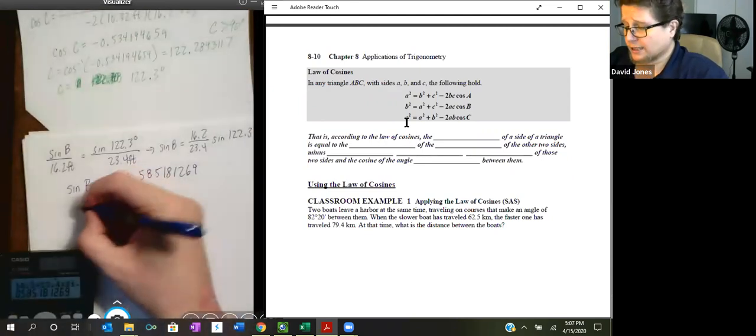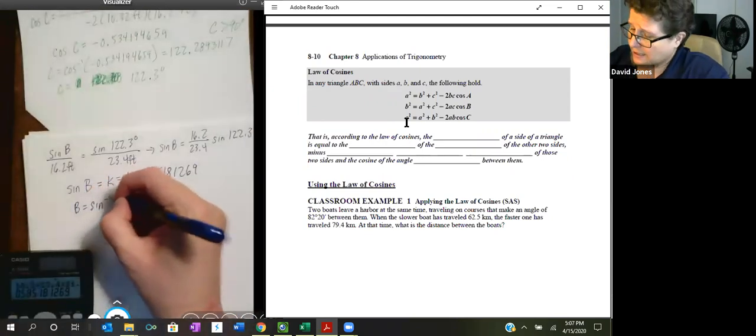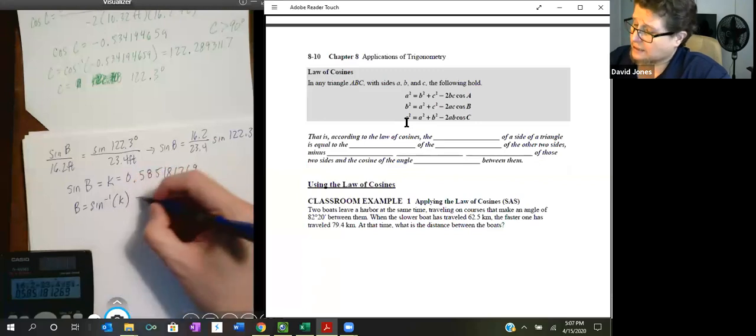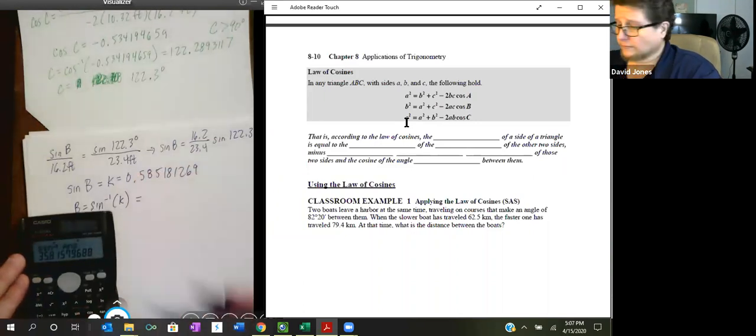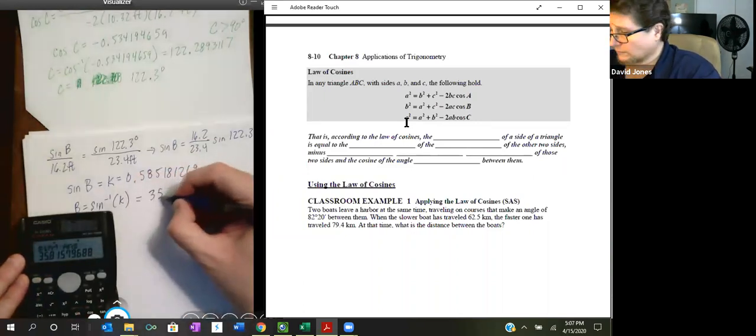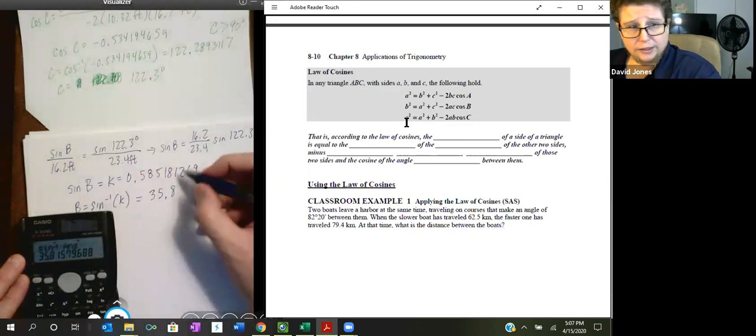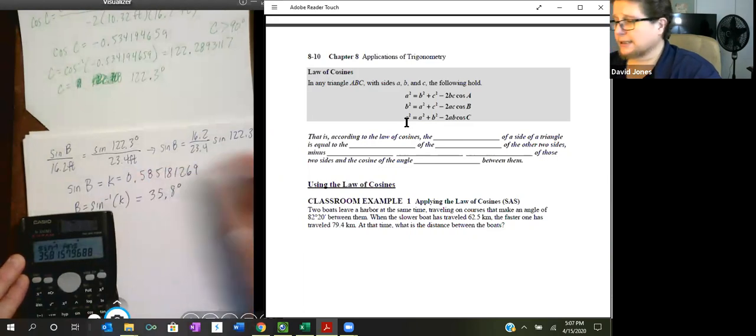So B equals sine inverse of K, and we're going to 1 decimal place.